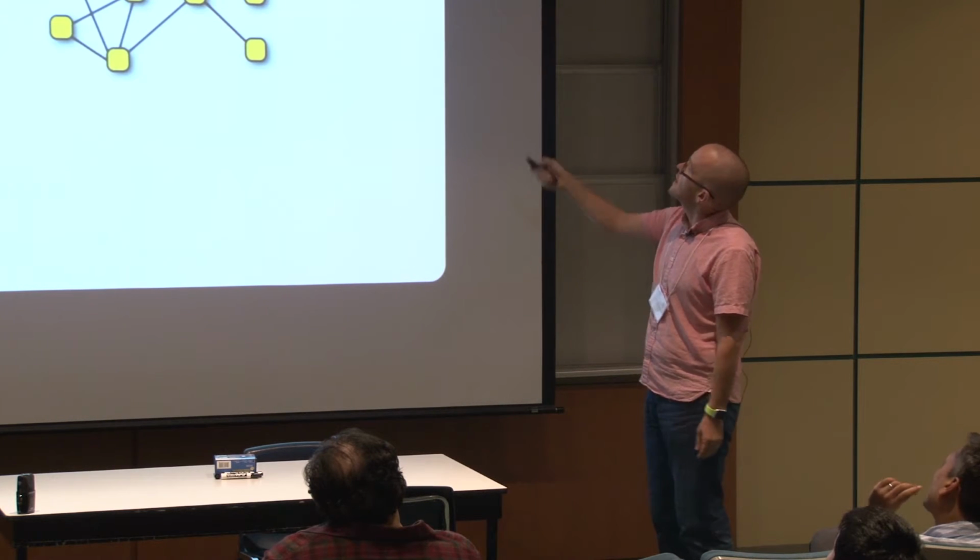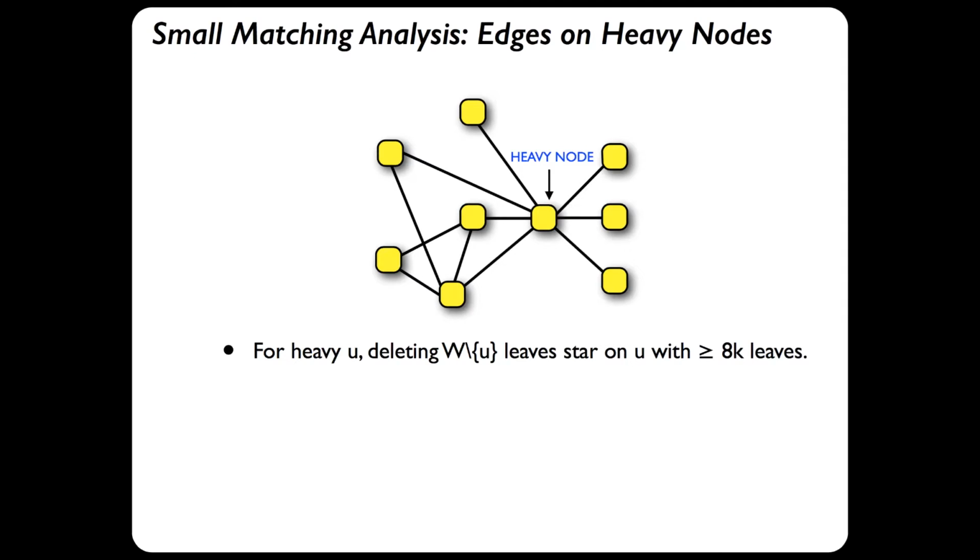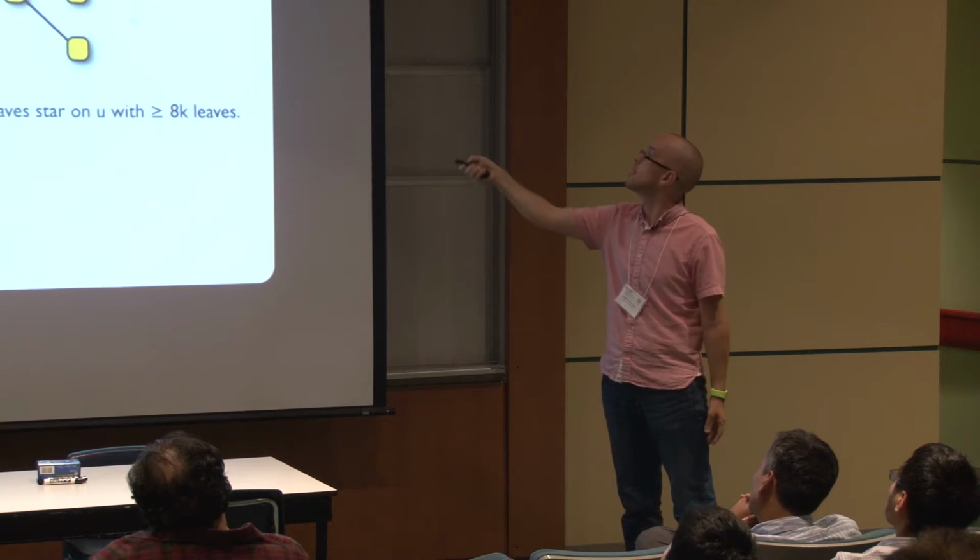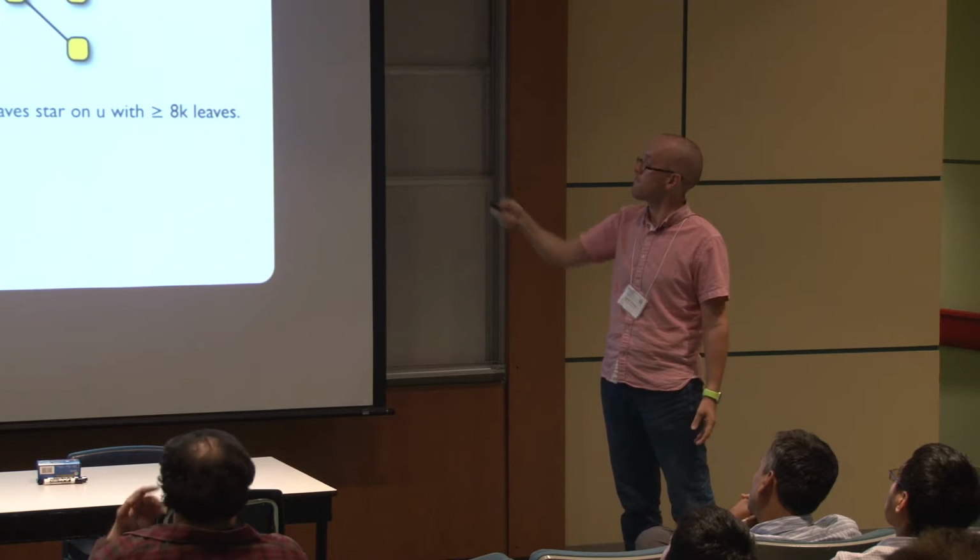Okay, so edges and heavy nodes, similar sort of idea. For every heavy node U, if you don't pick the nodes in the vertex cover, and there's not that many of them, remember, there's only 2k of them, then you're going to be left with a star on U that has many leaves. Like, say, this star. You could have lost some leaves because they might be in the vertex cover, but you wouldn't have lost that many. Okay?